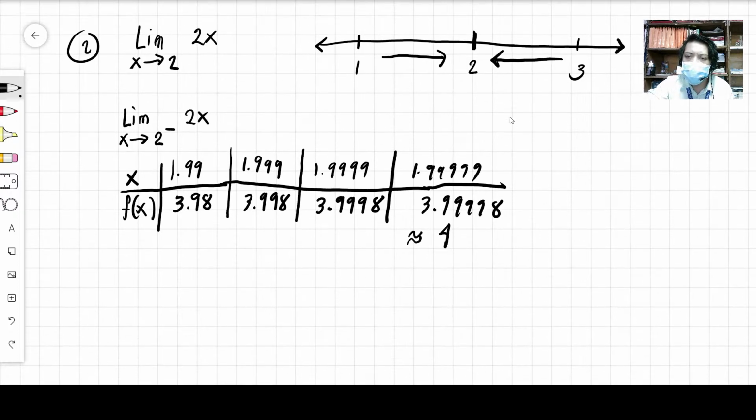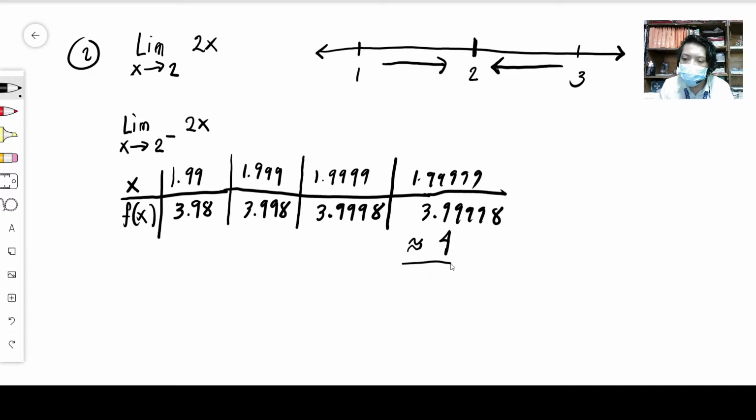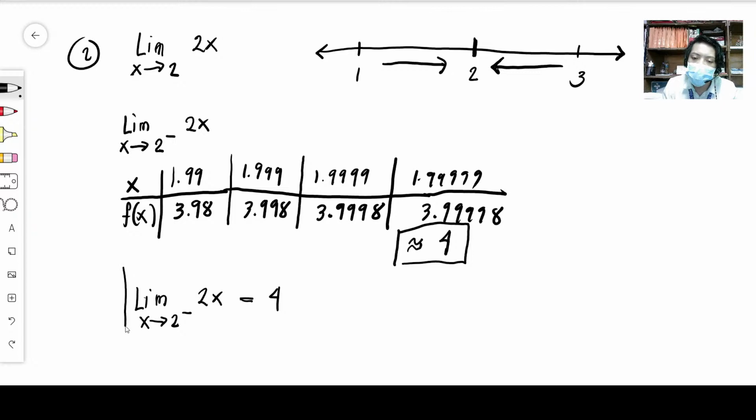This means that this 4 is the left hand limit of the function 2x. So we can say that the limit of 2x as x approaches 2 coming from the left is equal to 4. So this is the left hand limit of the function.